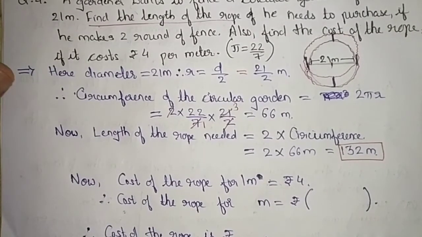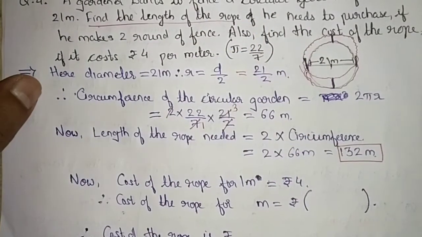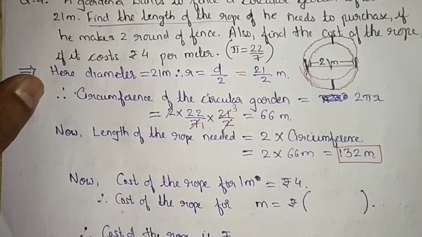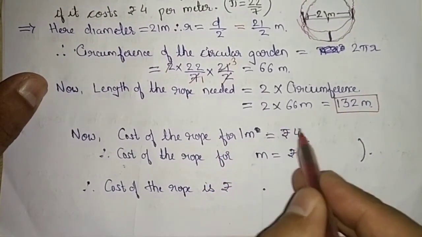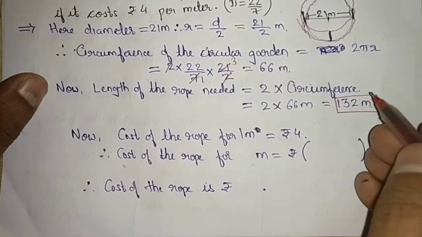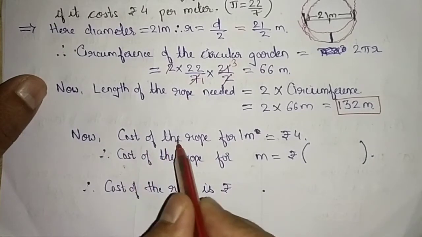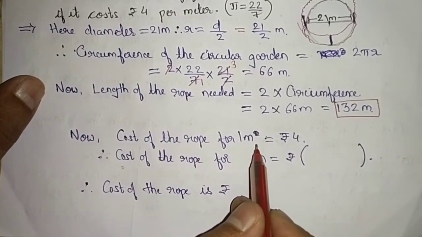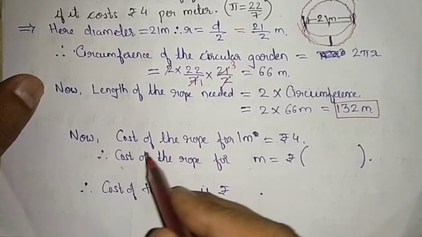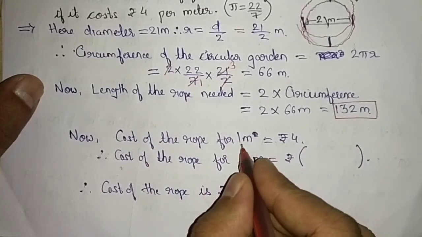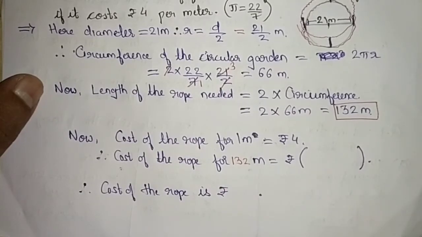Now since we have got the length of the entire rope which we are fencing, and we know that the cost of 1 meter is rupees 4, we can find out the cost of 132 meter. So we will write like this. Cost of rope for 1 meter is equal to rupees 4. Therefore cost of rope for 132 meter is equal to, what we will do?